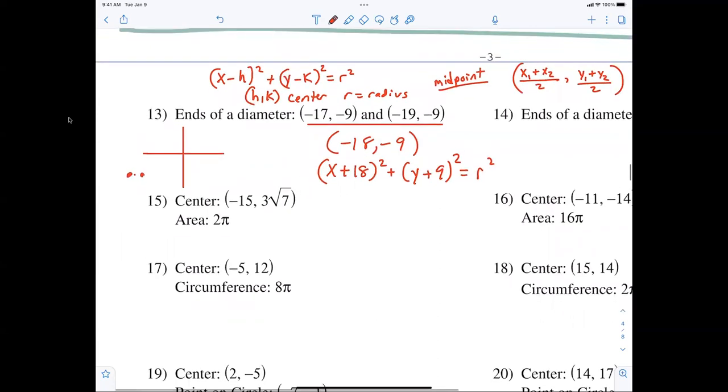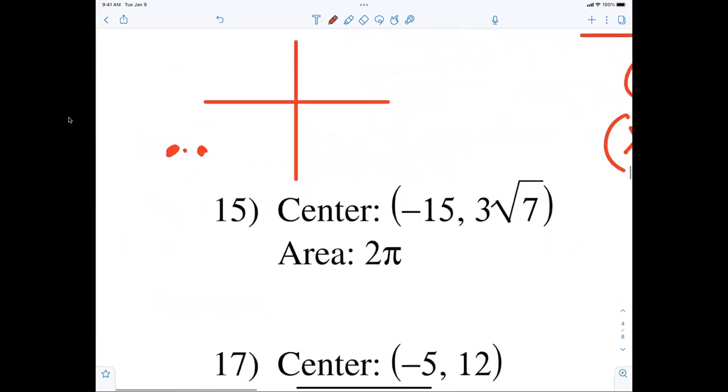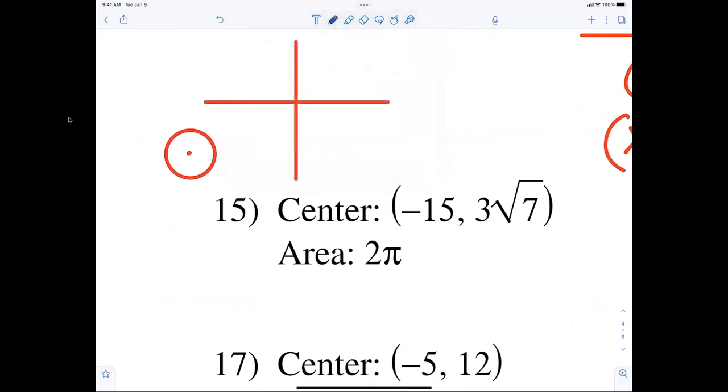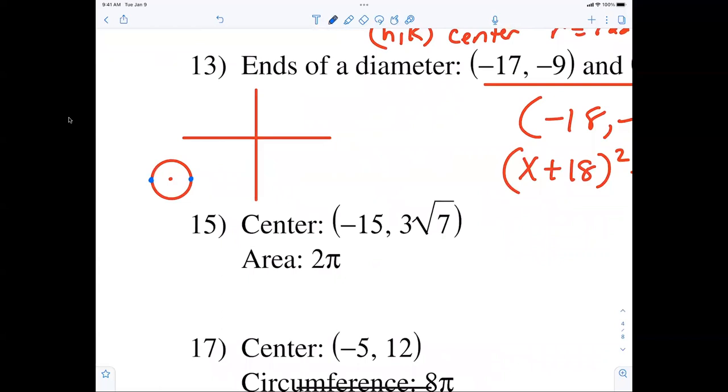Okay, so now I'm going to draw something out. If I try to draw this circle right here, this is the center, and these two points are on the circle. So the question is, what is the radius? That wasn't that hard, right?